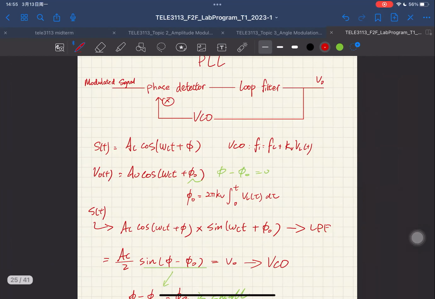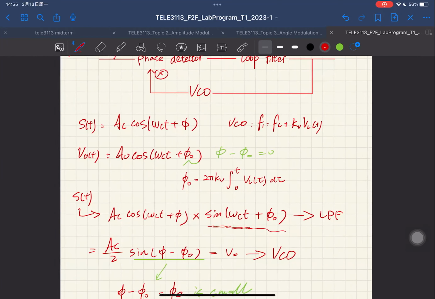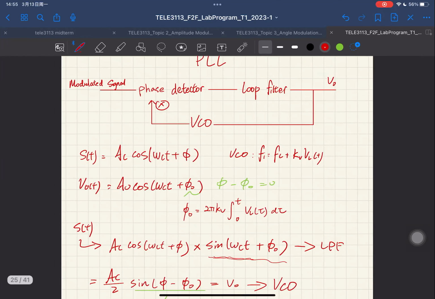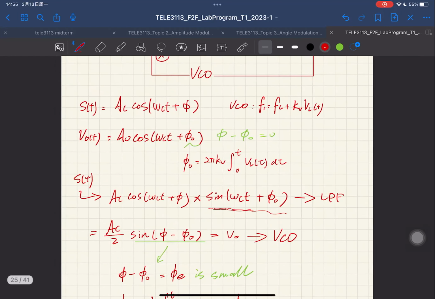Then your s(t) is multiplied with your signal after it goes through the VCO. The phase detector is essentially a multiplier, and you get a very long expression.